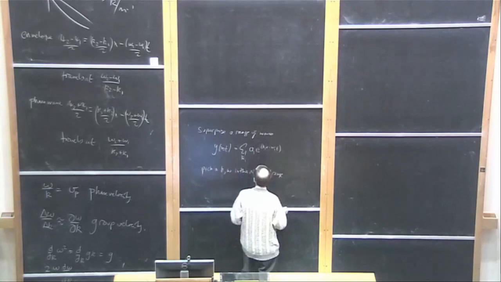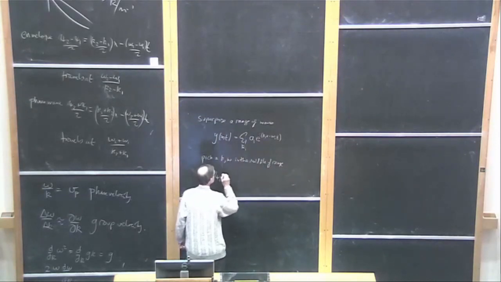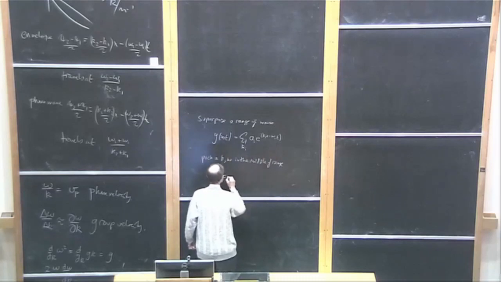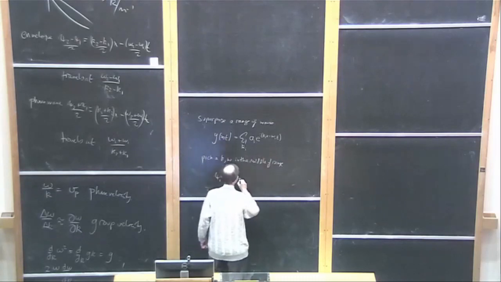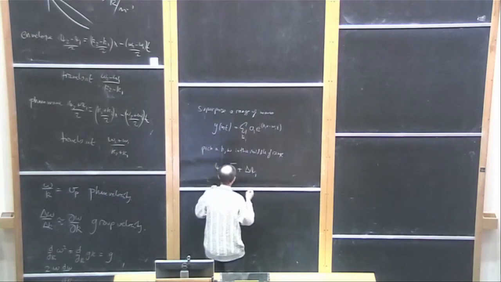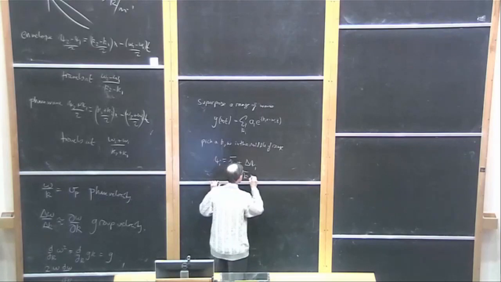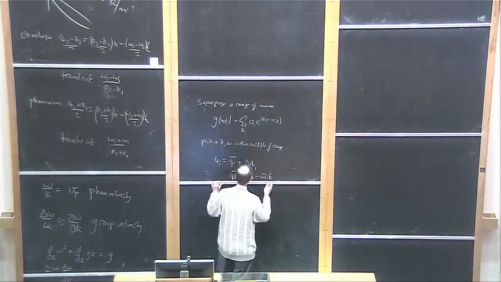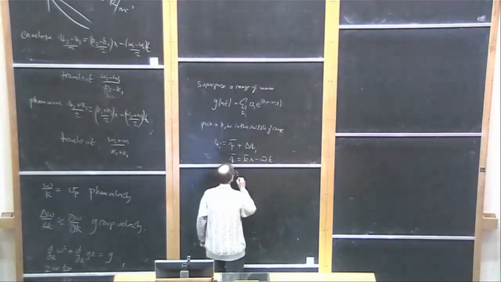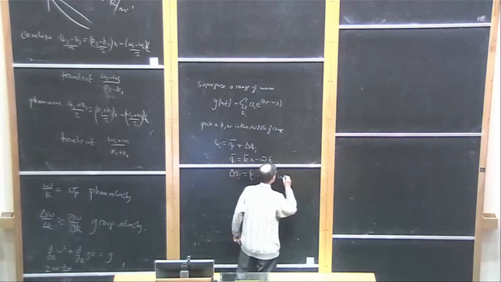So I write psi_i, the phase here, as psi bar plus delta psi_i, where psi bar is k bar x minus omega bar t, and delta psi_i is (k_i minus k bar)x minus (omega_i minus omega bar)t.